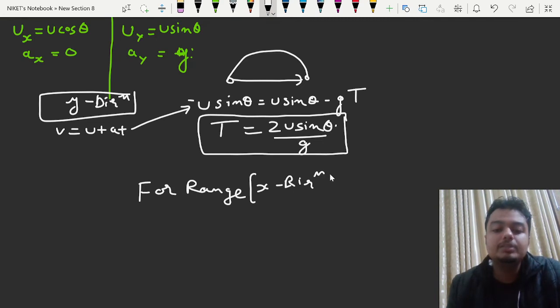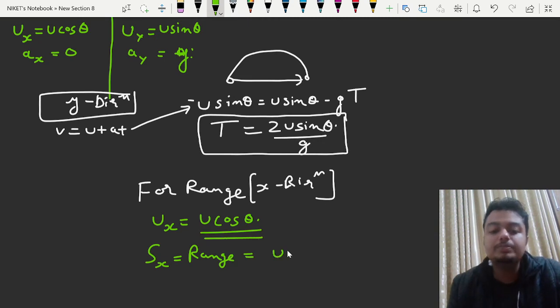Now it has become very easy. Why? Because in the x direction, you have only the horizontal component of speed, u cos theta. So displacement traveled in x direction, which is the range, is simply this horizontal component of speed, u cos theta, into time, that is 2u sin theta by g.